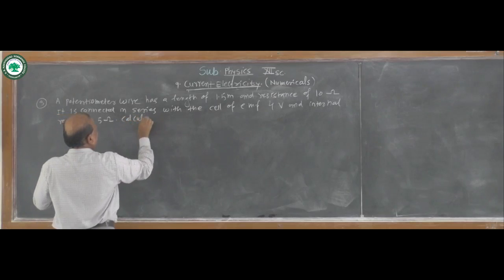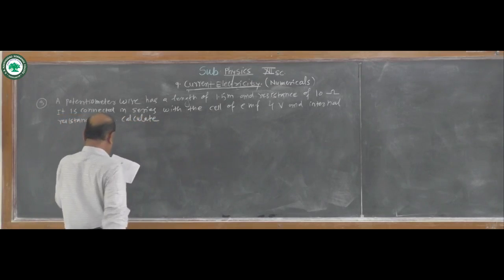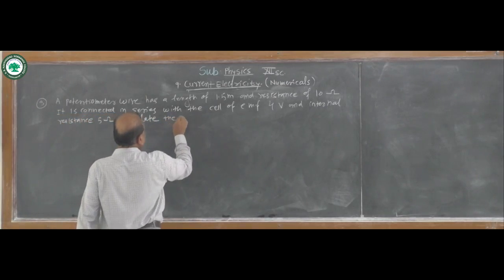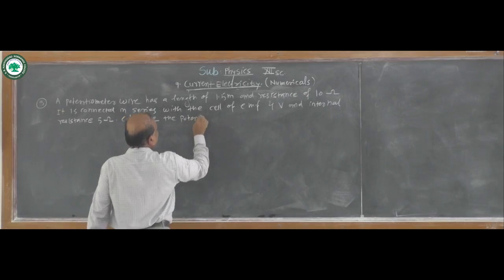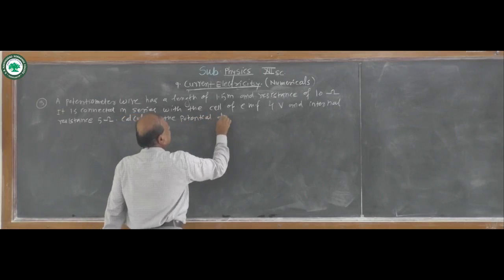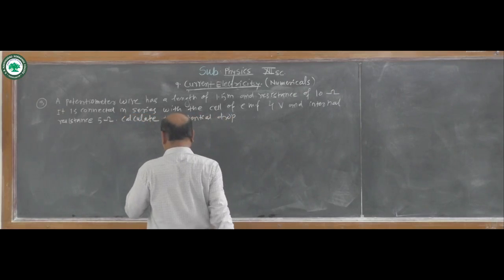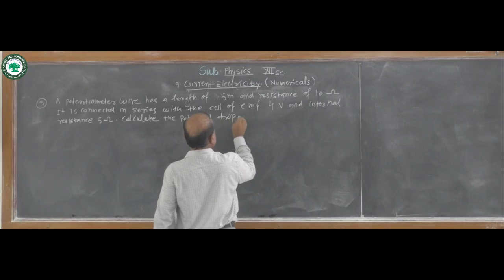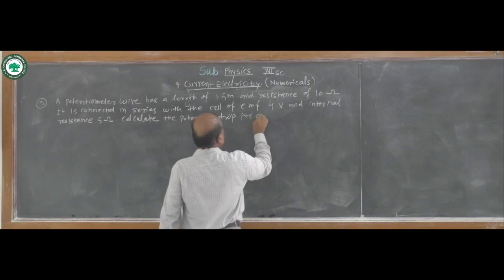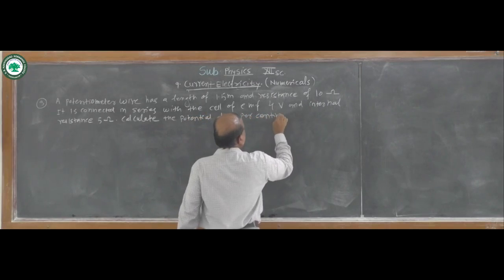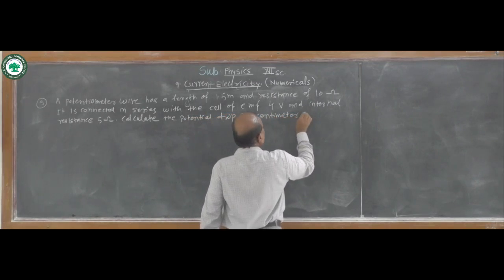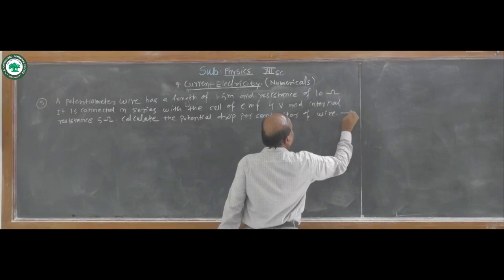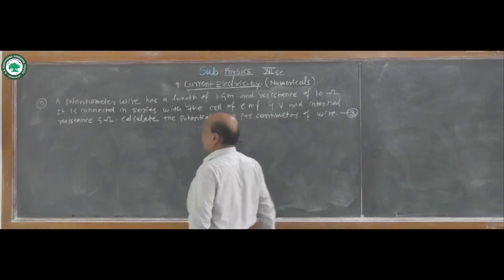Calculate the potential drop per centimeter of the wire. This is again asked for 3 marks.